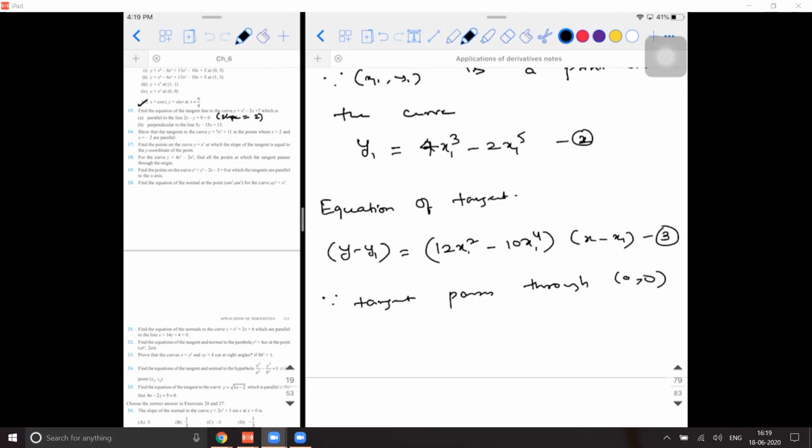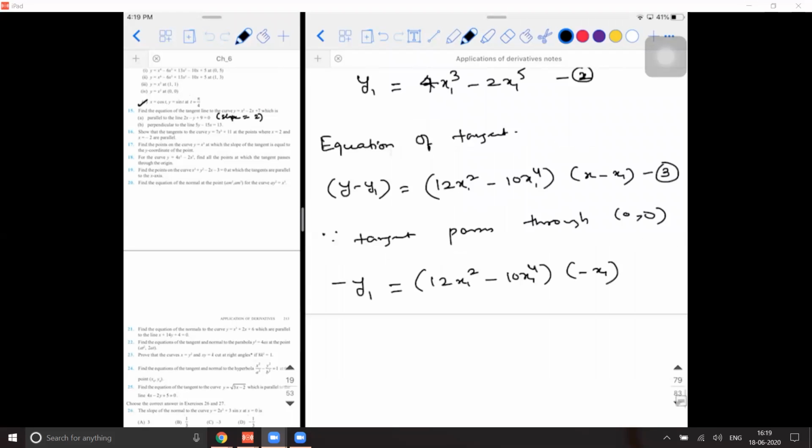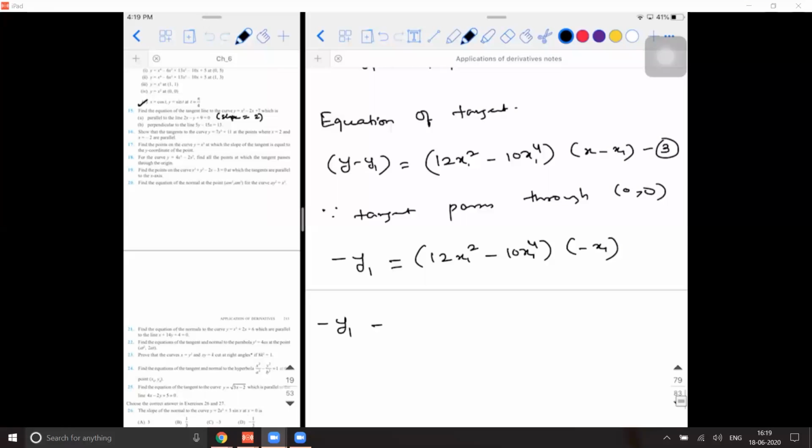So if I substitute 0, then I get minus y1 is equal to 12x1 square minus 10x1 power 4 into minus x1. So what do I get? Minus y1 is equal to, so minus and minus we can cancel. y1 will be equal to 12x1 cube minus 10x1 power 5.